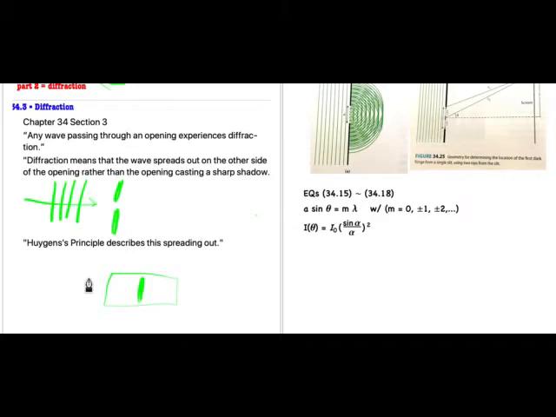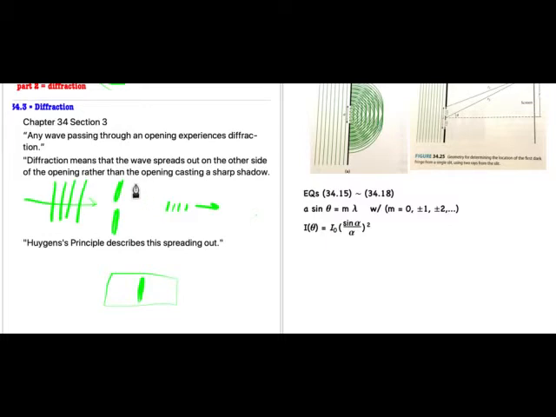Well, if these were particles and not waves, what you would see over here would be a shadow. The light would only come through the region of the opening, and it would be dark above and below the region of the opening.